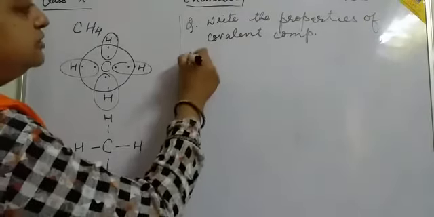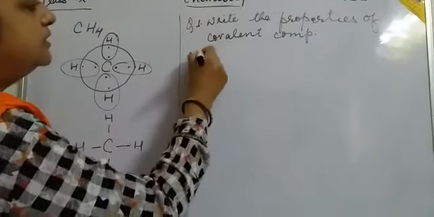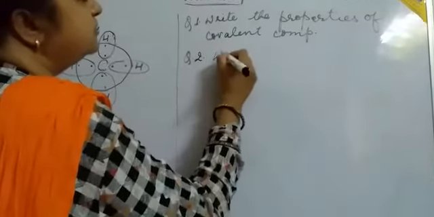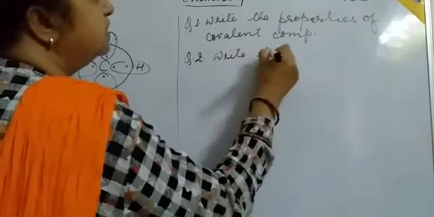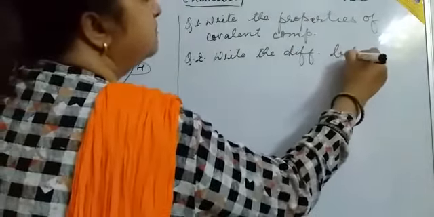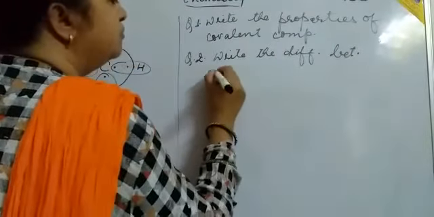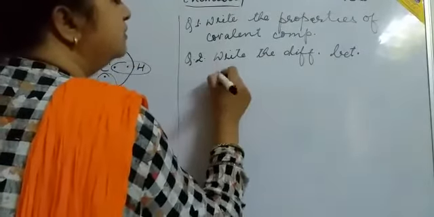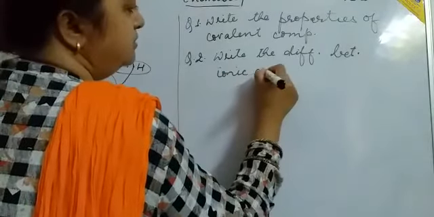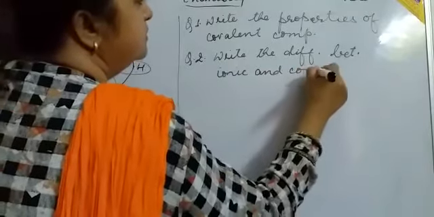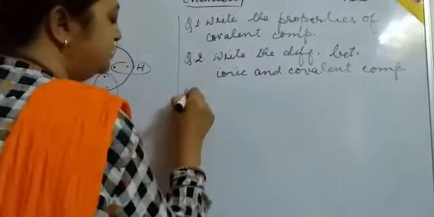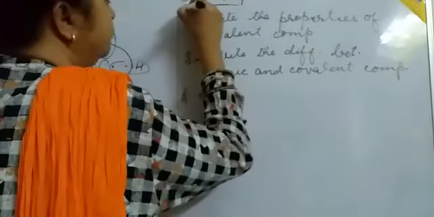This is question number 1, and the second question is differentiate between, or write the differences between, ionic and covalent compound. And question number 3, this is your home assignment.